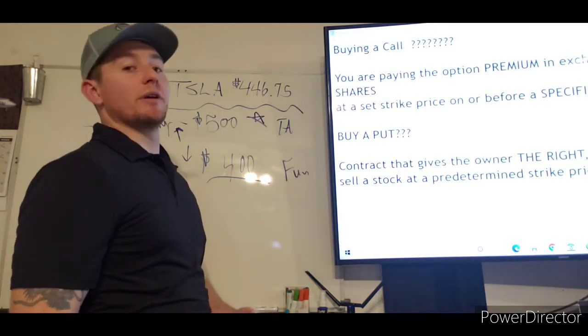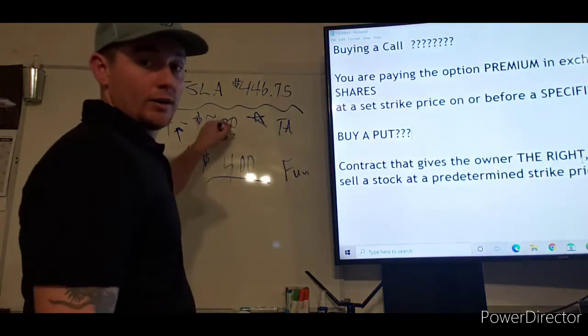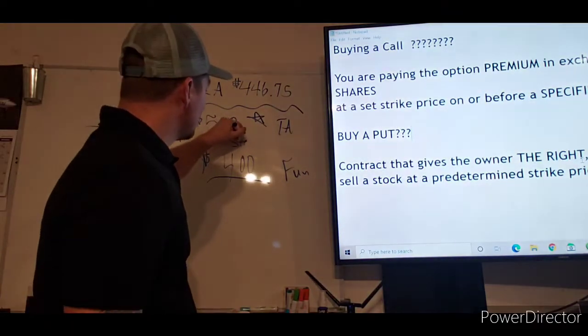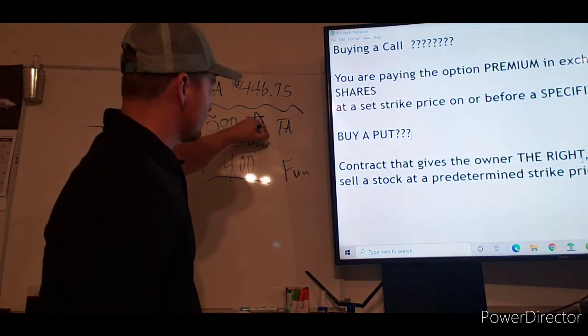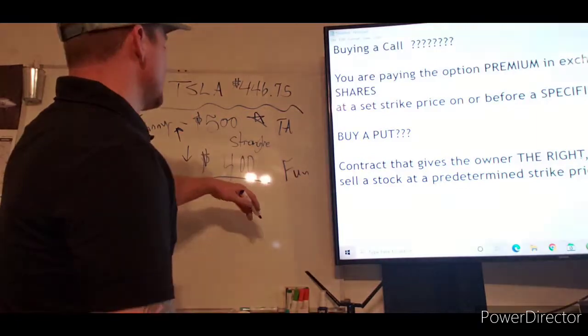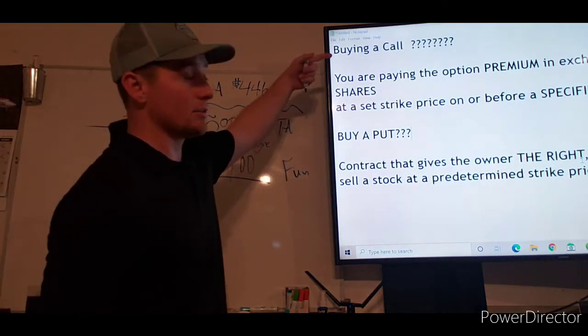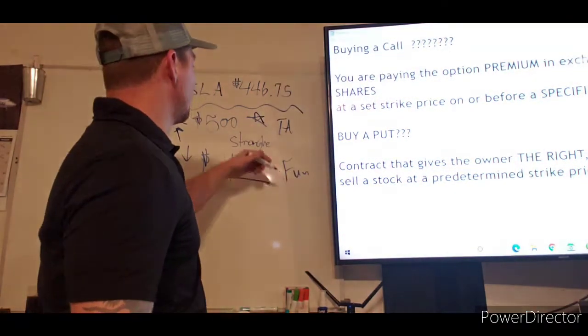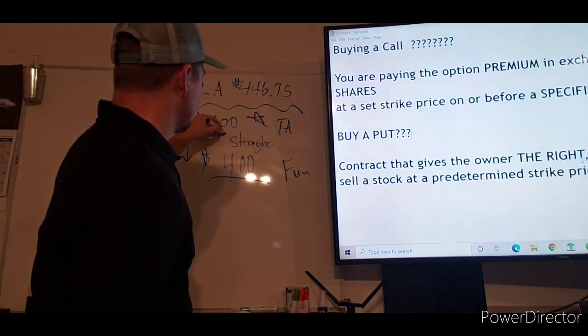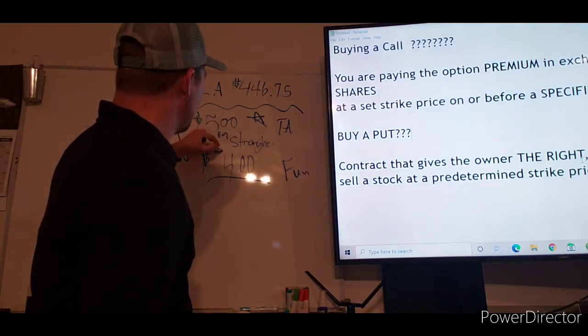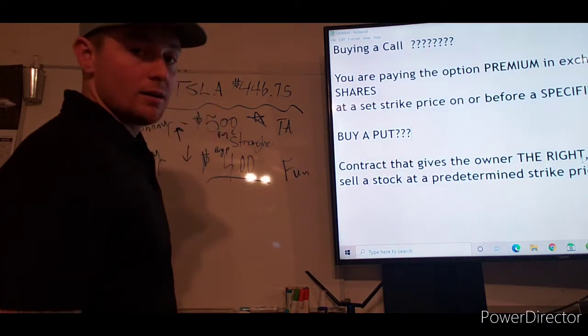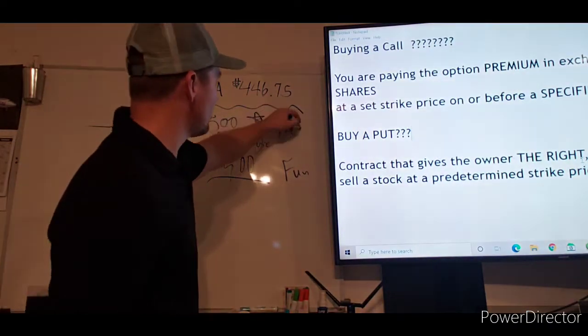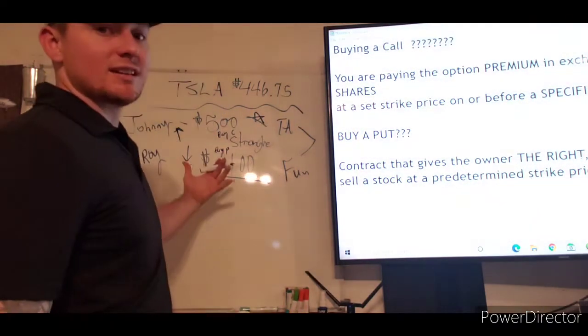And some of you watching this, if you're experienced at all, or if you've watched any of my other videos, you'll know that I would likely say you could strangle this position. Which means what? A strangle is another more advanced strategy, but it's still very basic, built on your calls and your puts. You're going to buy a call and you're going to buy a put at the same time. And what does that do? It's going to take both of these values and add them together.